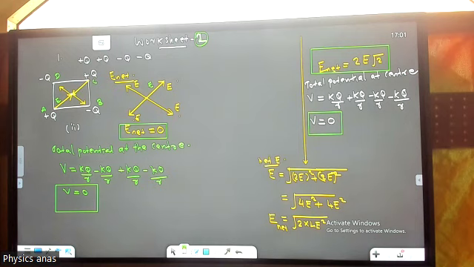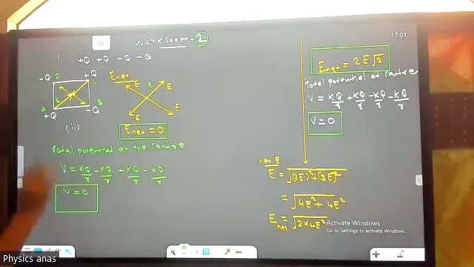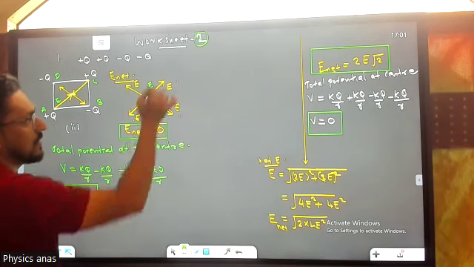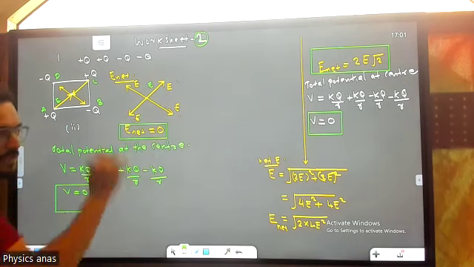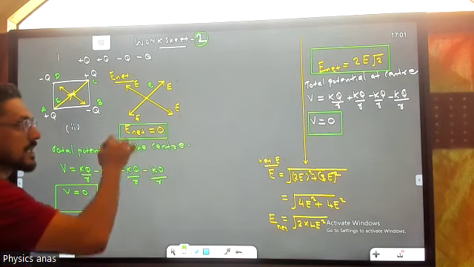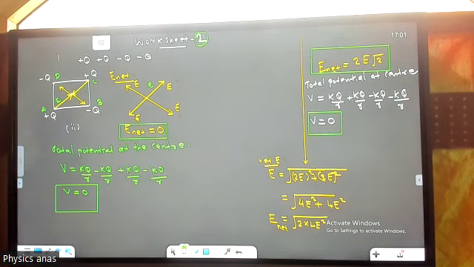What about the second configuration? At the center there will be electric fields in opposite directions, right? This electric field will be cancelled with this electric field, so the net electric field will be zero. And at the center, there will be potential due to plus Qs and minus Qs.